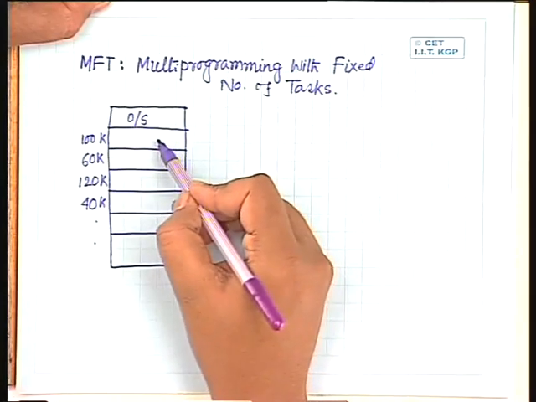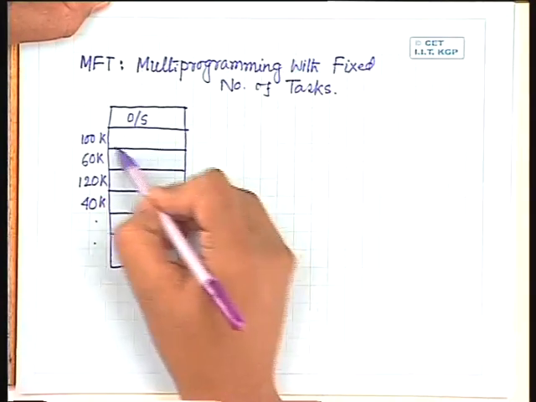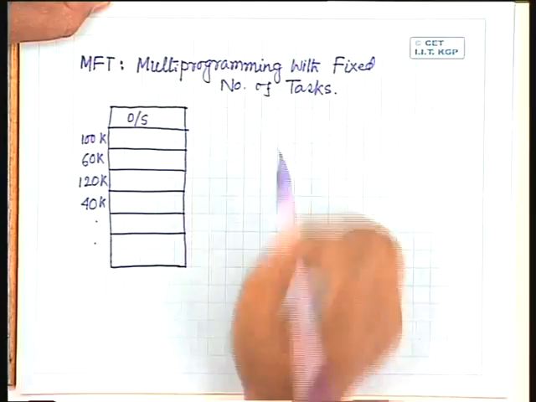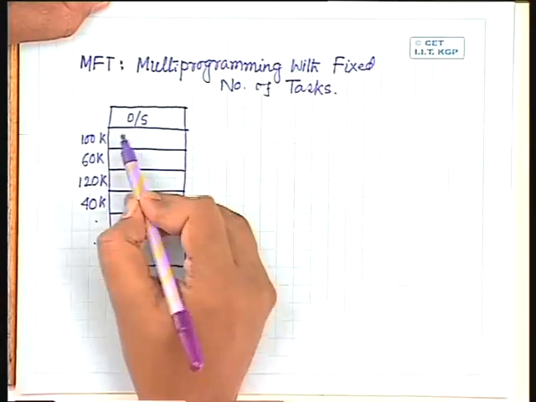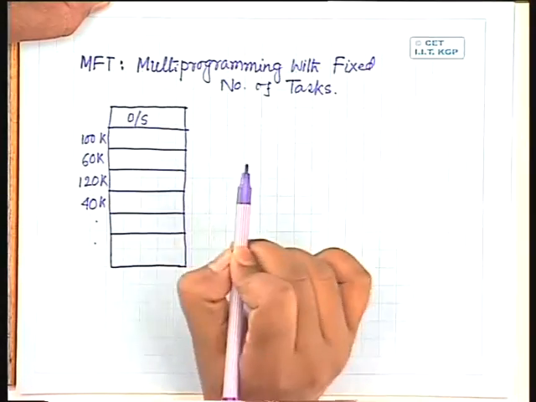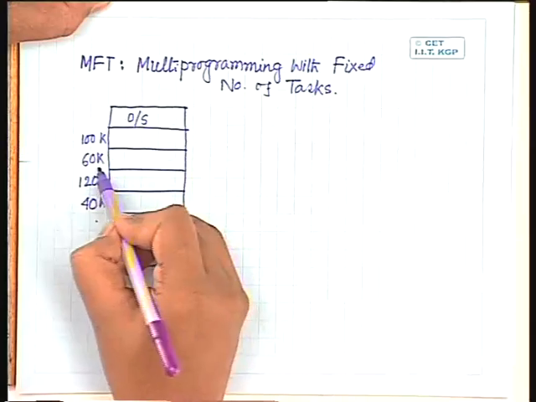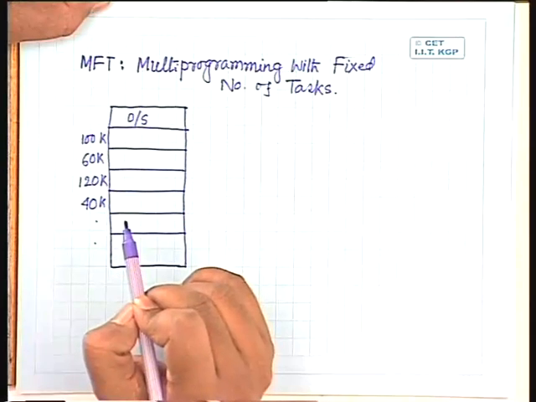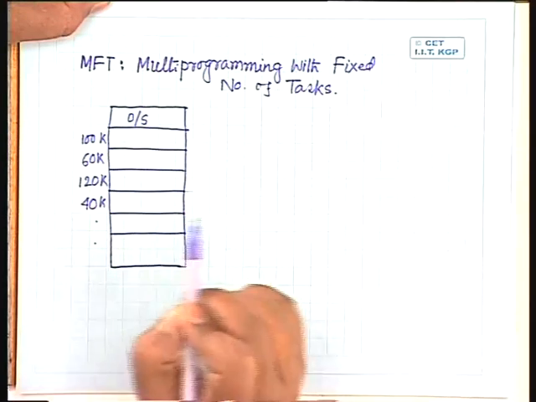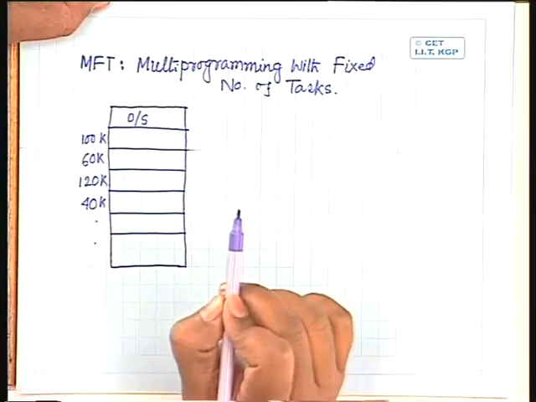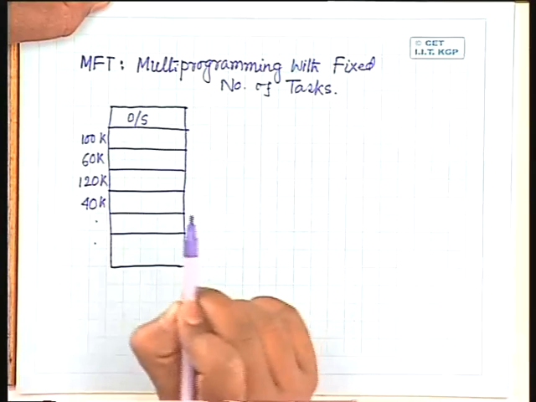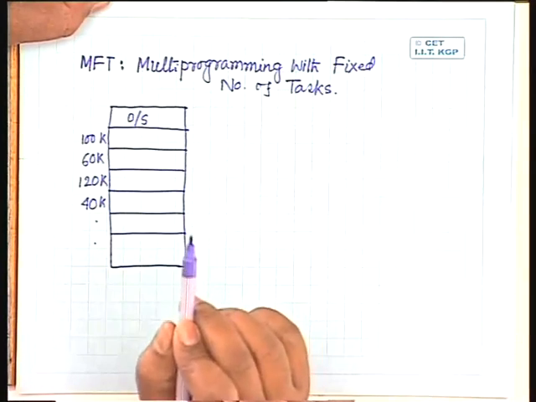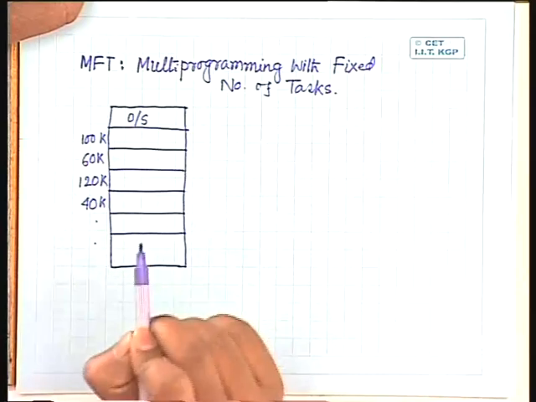Okay. So I have different partitions, and once these partitions are made, they are fixed. That means this partition size is 100 kilobytes and it is fixed. This partition size is 60 kilobytes and that is fixed. Okay. Now whenever a new job is to be made ready, that means I have to transfer the job from the secondary storage to main memory.